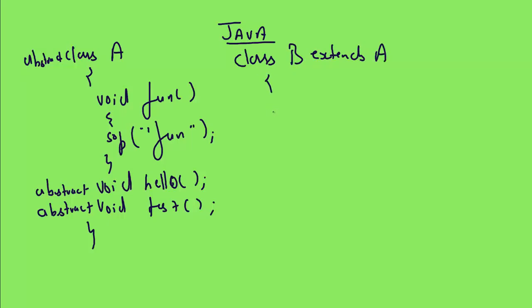Okay. I can have some members inside this class, but whenever I extend class A, which is an abstract class, this class has to give the implementation or the body for these two methods, or it has to override the hello and test methods and give the implementation for them. Okay. So now void hello, and then say SOP of hello.